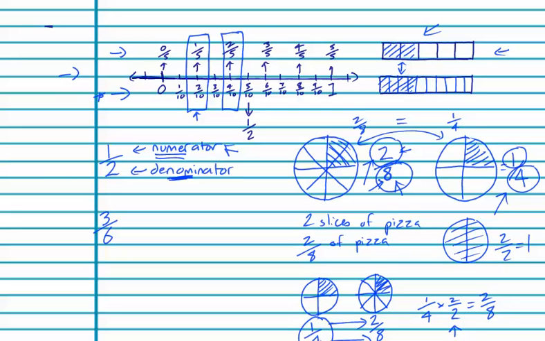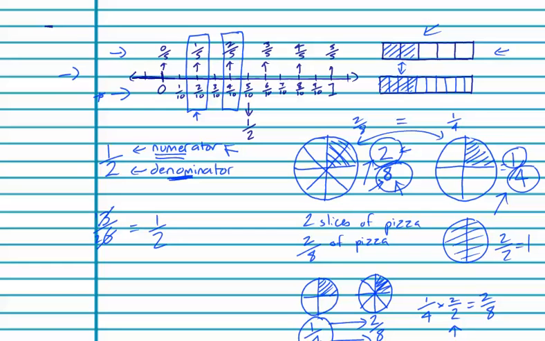Well, it's obviously 3. If I divide the top by 3 and the bottom by 3, 3 divided by 3 is 1, 6 divided by 3 is 2, I will get a half. There's another way of looking at that which we'll do in the following examples.